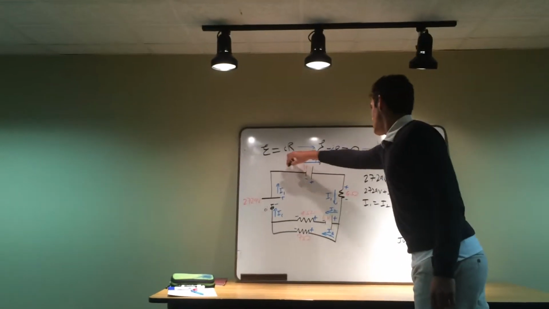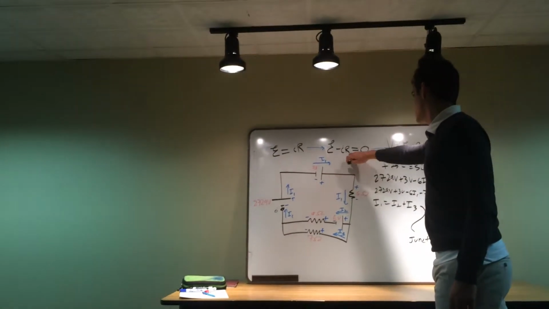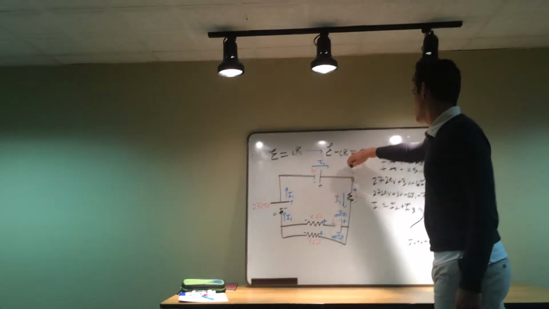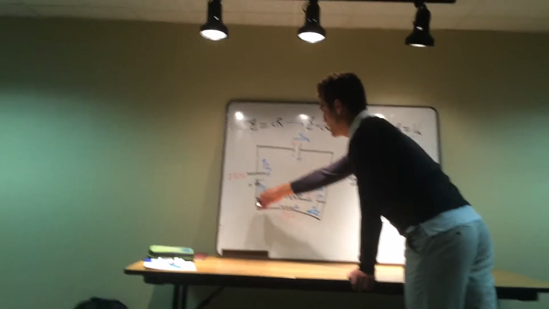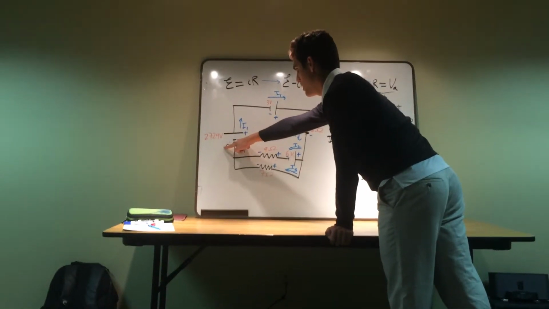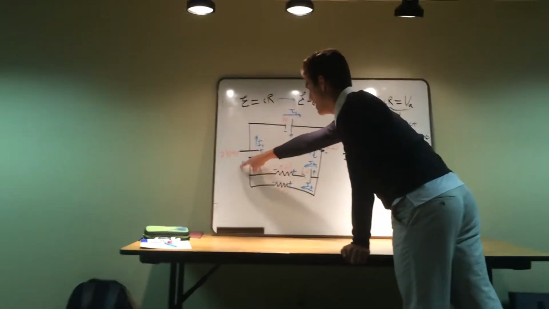I just taught you Ohm's law, and rearranging Ohm's law using algebra, you get the electromotive force minus the IR equals 0. Now 0 can represent the potential difference between the two ends of a battery. So you have the high end and the low end of the battery, and you can describe these as VB and VA.